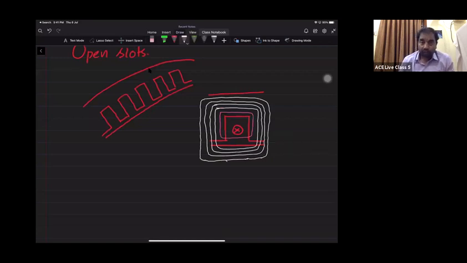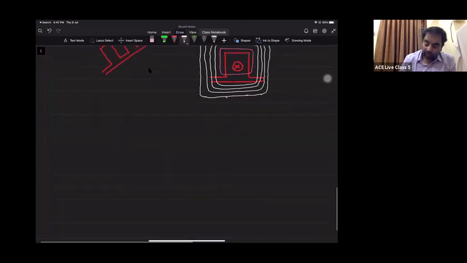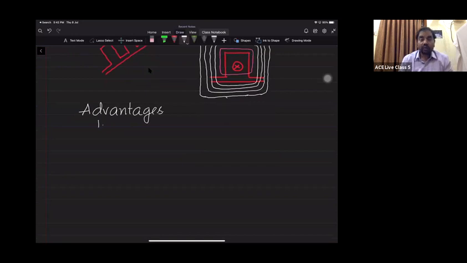Now let us go for advantages. After that, let us go for the disadvantages. I'll be talking about advantages first. What is the first advantage? As you can see, the slot is completely open, so the placing of conductors inside the slots is not at all difficult.